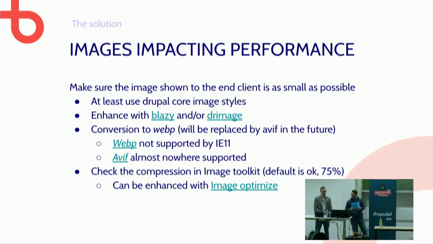Also in Drupal core, you can add some compression by default. By default, it is 75%. Most of the time, it's okay. You can put it higher or lower. And you can also enhance this with Image Optimize. There are different modules like TinyPNG that will compress an image so that it's smaller automatically.